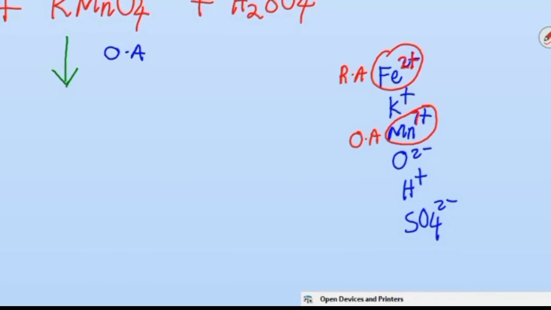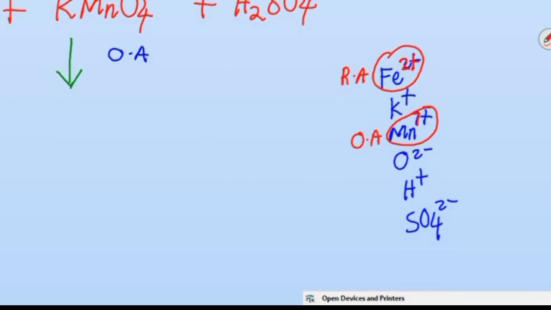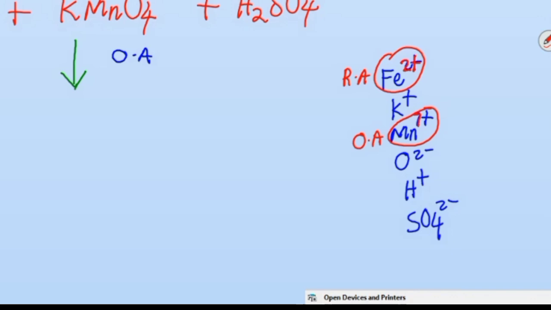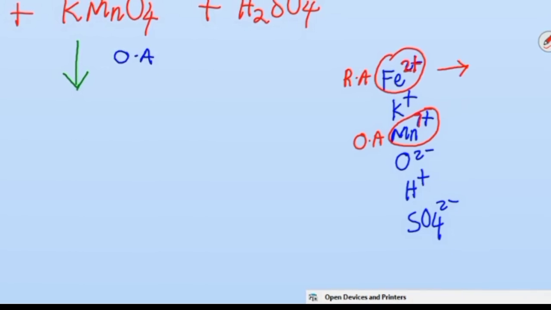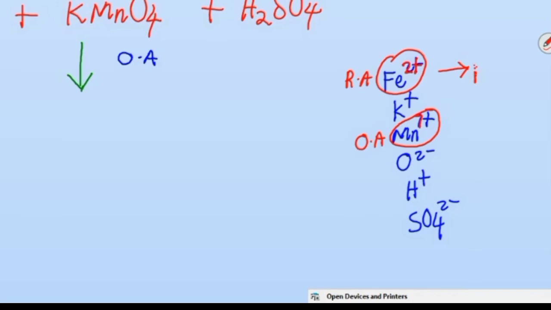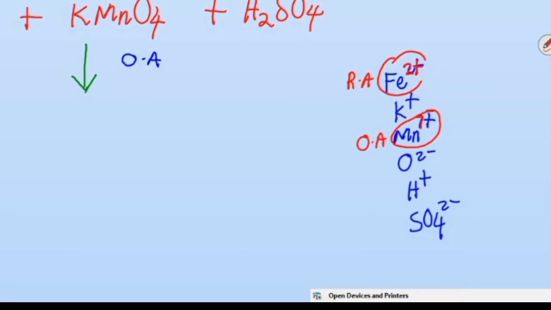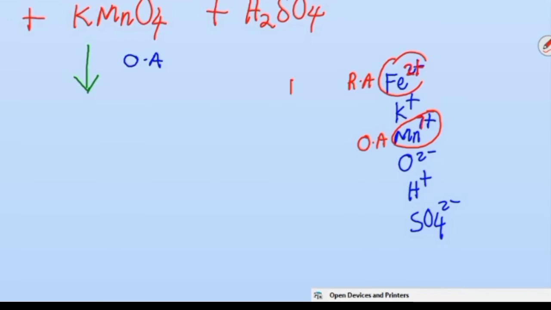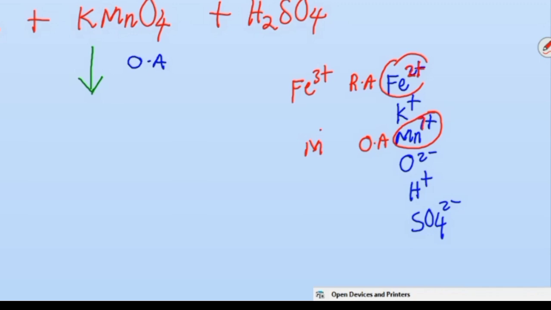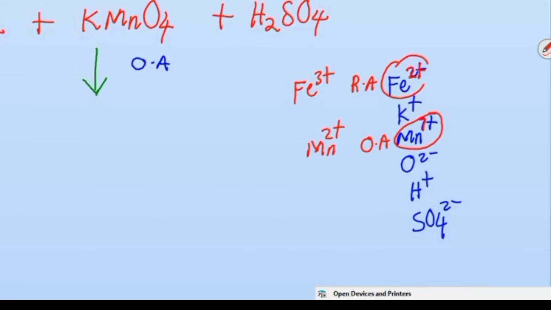Now, of course, what are the possible oxidation states for iron? They are 0, +2, +3, and the common oxidation states are +2 and +3, which means iron in this case will be oxidized to iron 3, Fe3+. Then manganese will be changing to manganese 2+, one of its stable oxidation states.